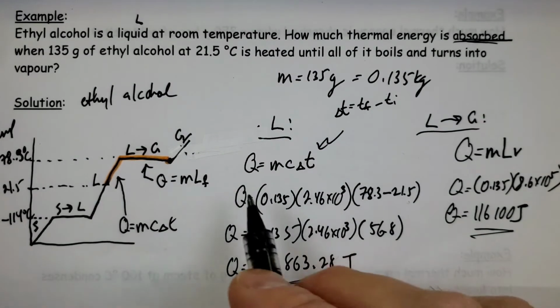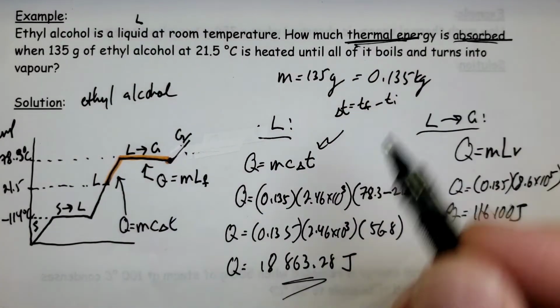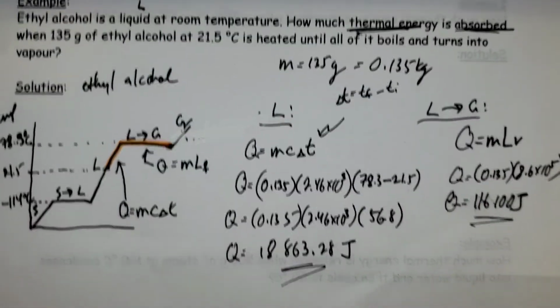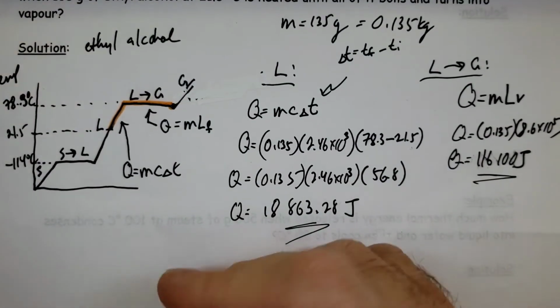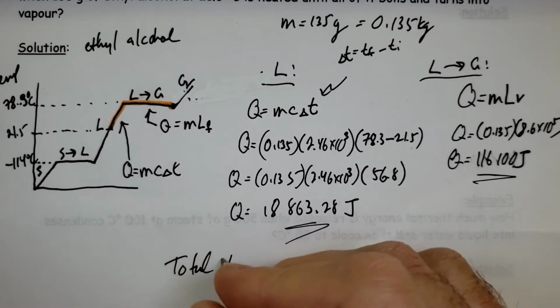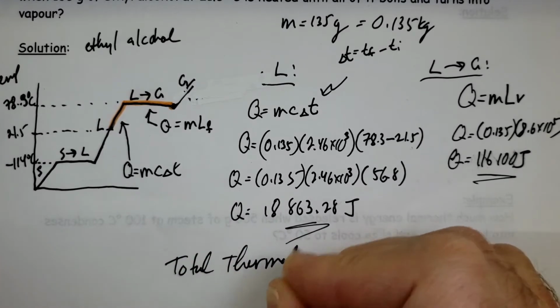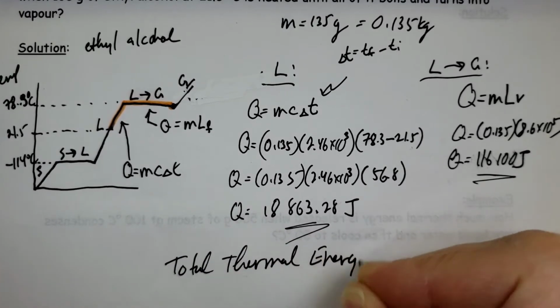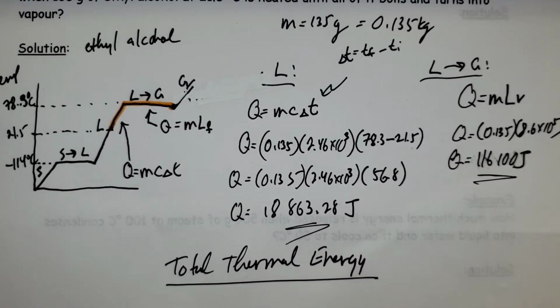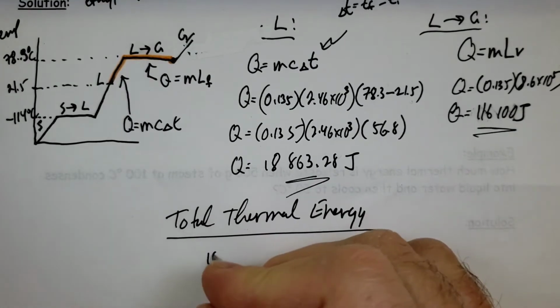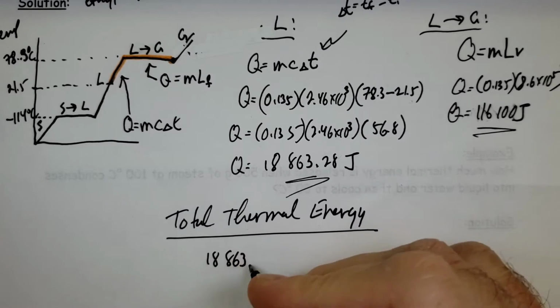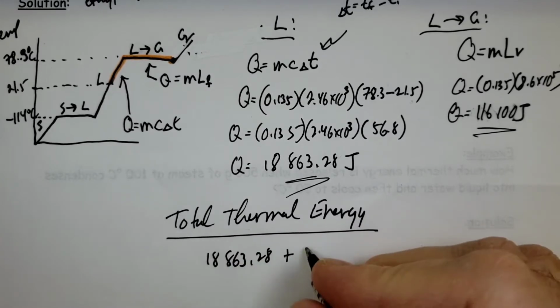And then, of course, to find the total thermal energy, I can do that down here. So total thermal energy, take what I have here. Notice they're both positive because we're absorbing for both.